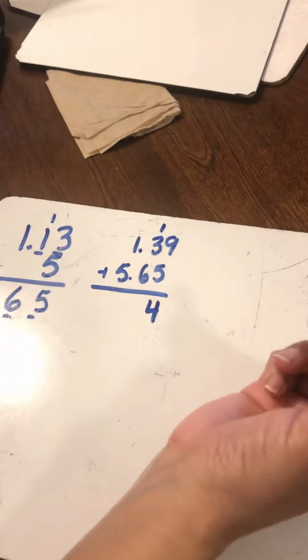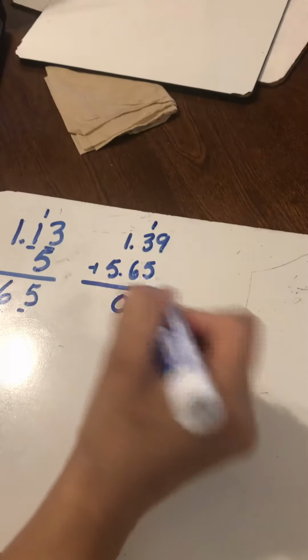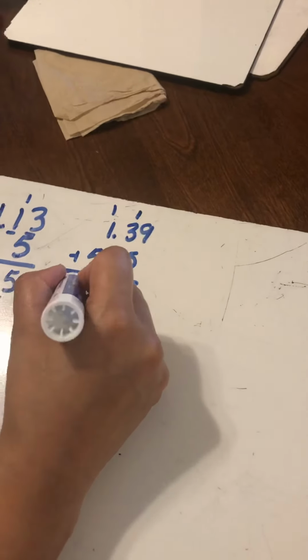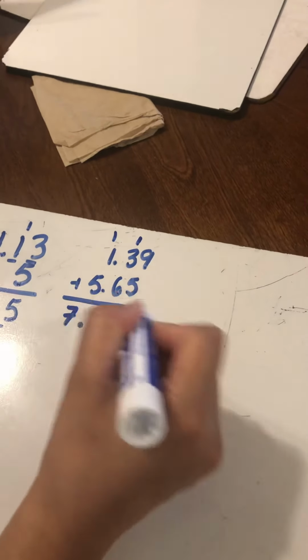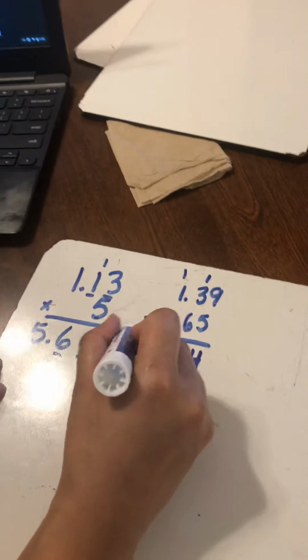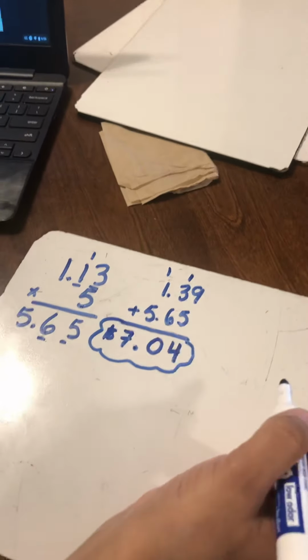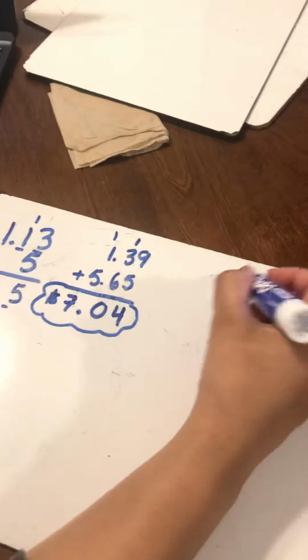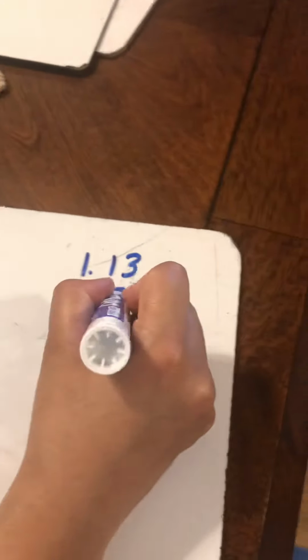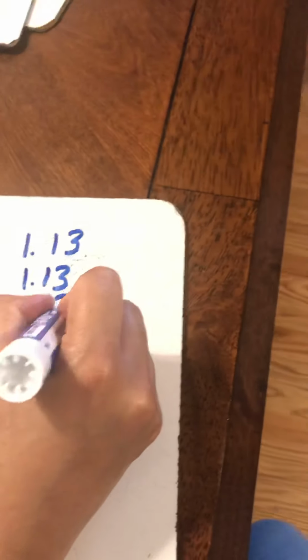And 4 plus 6 is 10. So I put my 0 here and I carry my 1. 2 plus 5 is 7. And my decimal point is going to go straight down. So he spent $7.04.